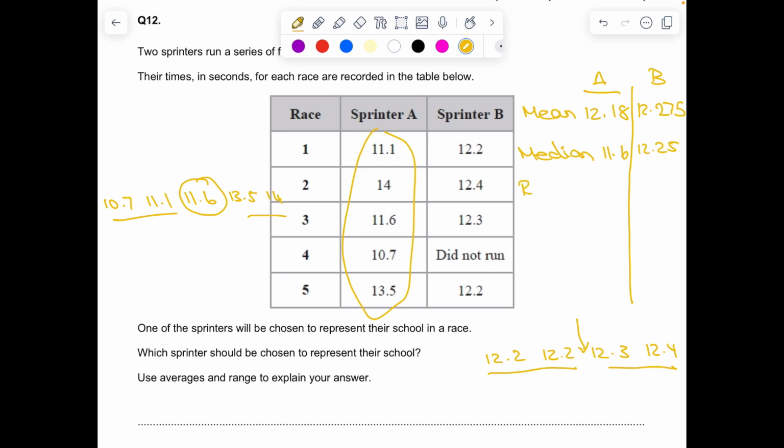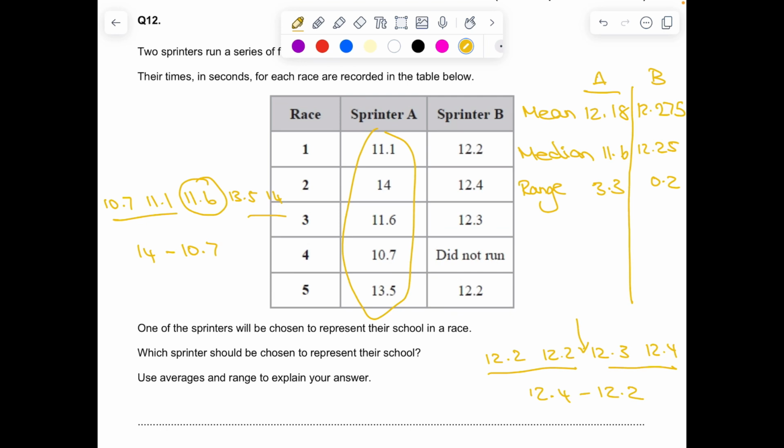And the last thing I could work out is the range, and that is the biggest take away smallest. So for sprinter A, it's 14 take away 10.7, which is 3.3. For sprinter B, it would be 12.4 take away 12.2, and that gives you 0.2.